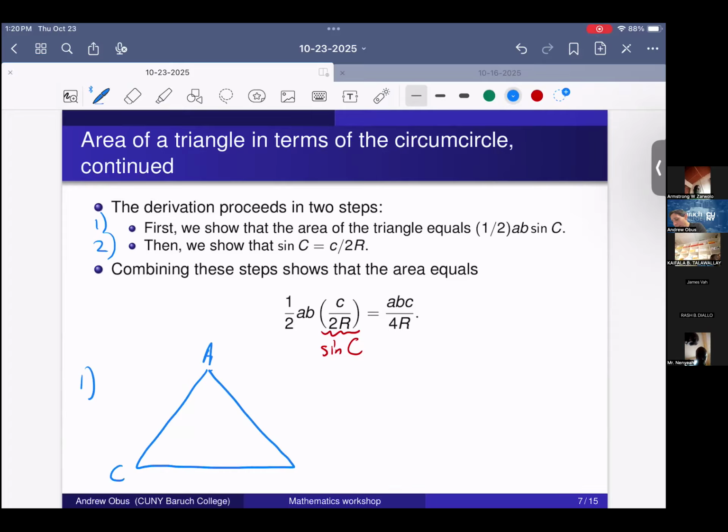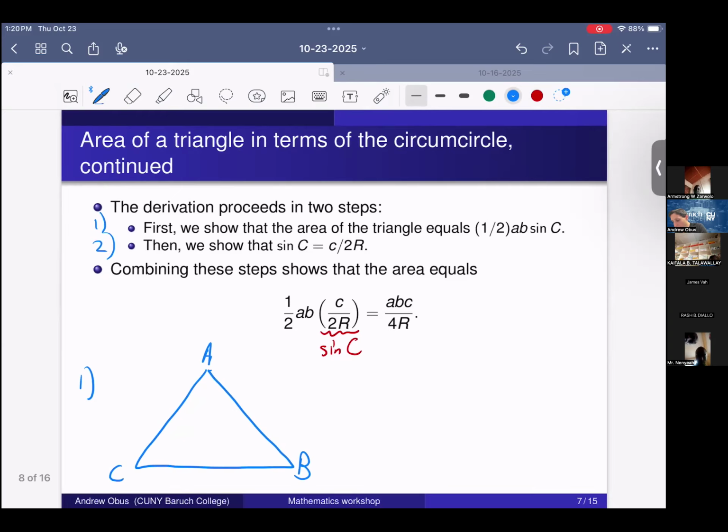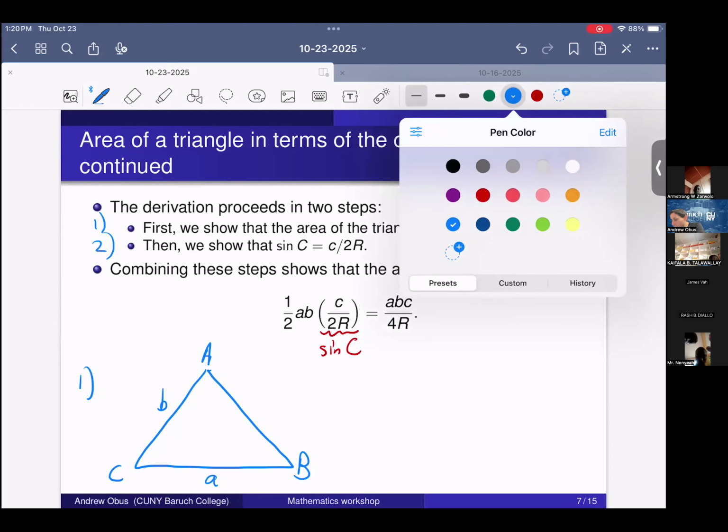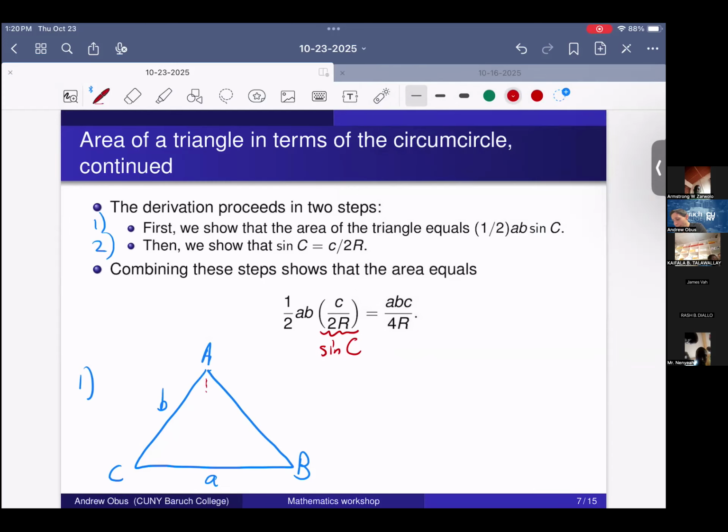This is going to be the angle A. This is going to be the angle B. This is going to be B, and this is going to be A. And so the derivation over here is what happens when I draw an altitude of this triangle.